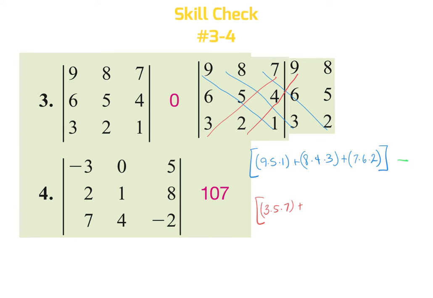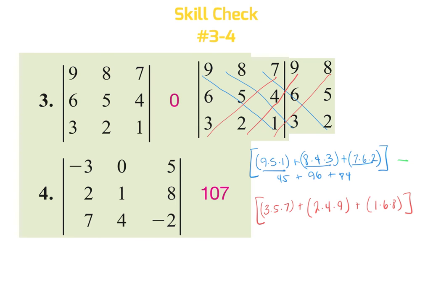2, 4, and actually 9. Scooted in too close. 1, 6, and 8. All right. And then we're just going to do these. 9 times 5, 45 times 1 is 45. 8 times 4 times 3, which is 96. 7 times 6 times 2, which is 84.